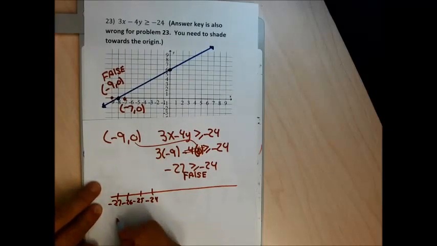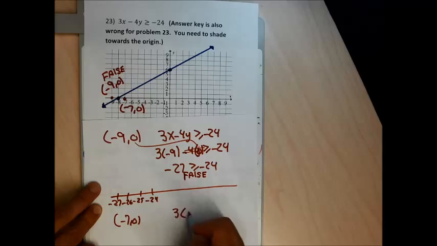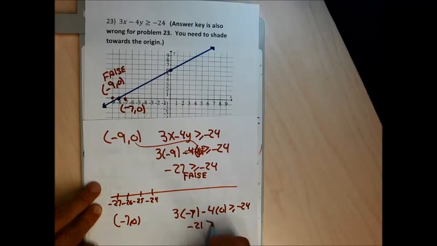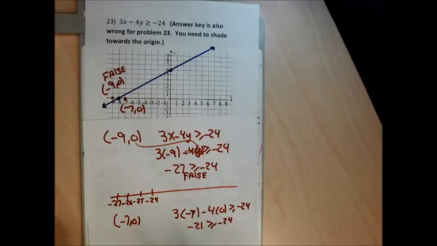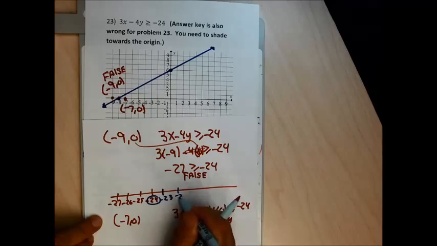Now let me work on the point -7, 0, plugging in -7 for x and 0 for y. This gives me -21 is greater than or equal to -24. And -21 compared to -24 is to the right.